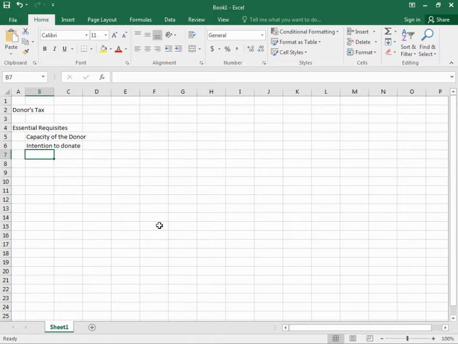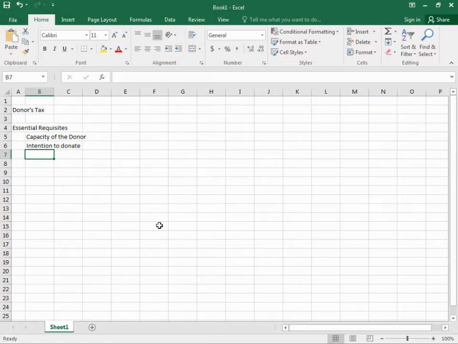Kunwari si Ken, binigyan niya ng cellphone si Miss S, tapos hindi niya sinabi kung sa kanya na ba yon or anong intention niya, kung bakit niya binigay.